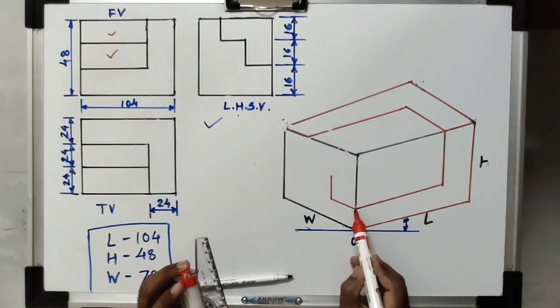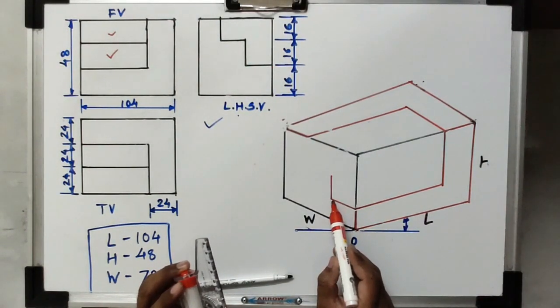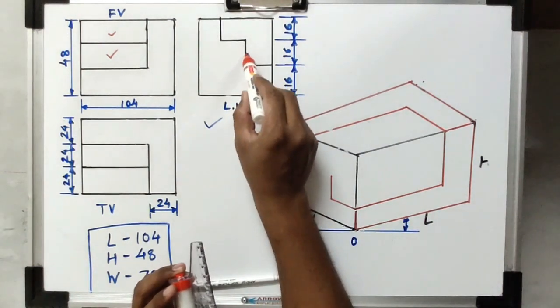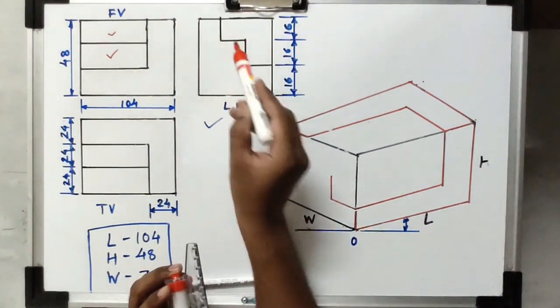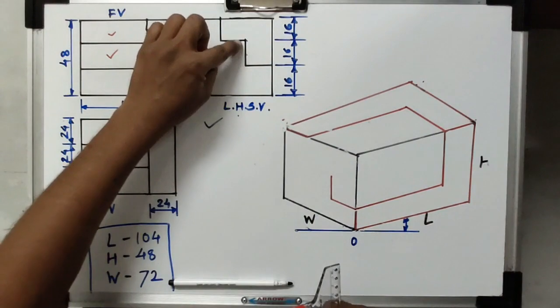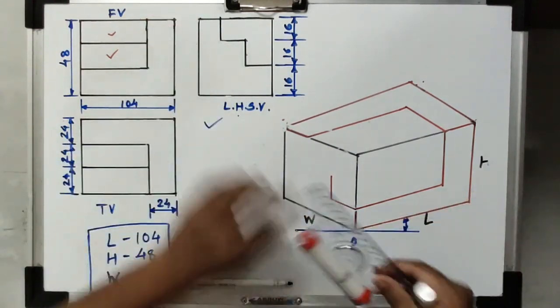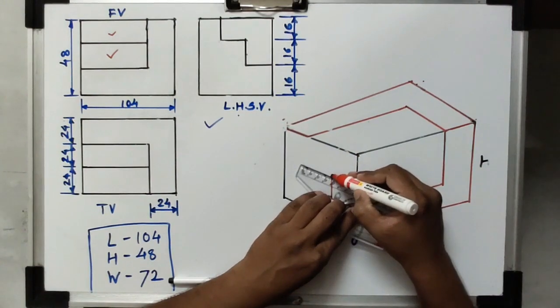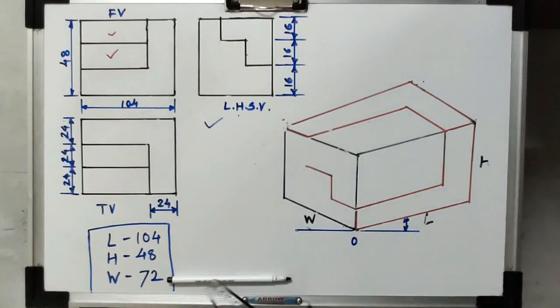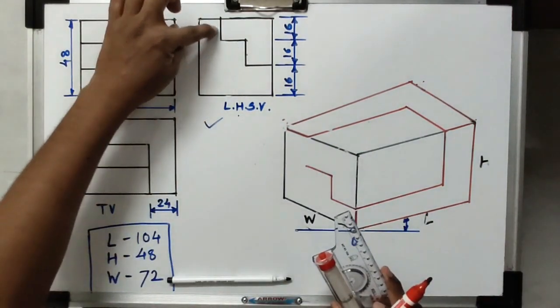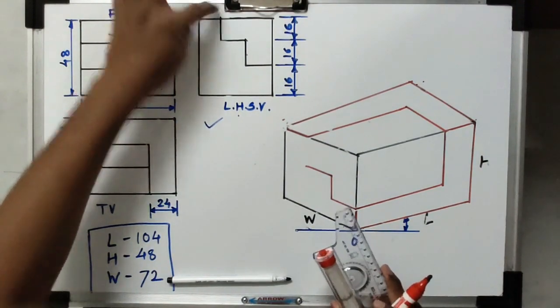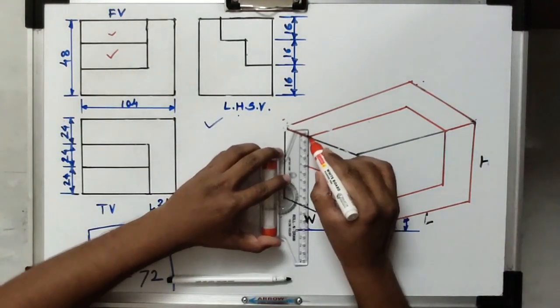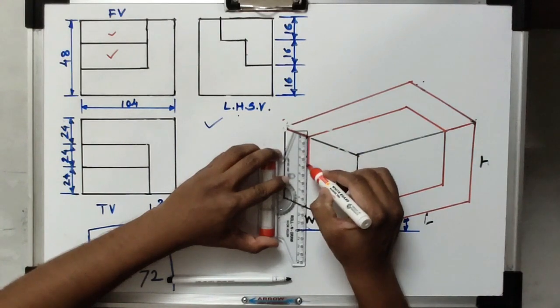I have represented the vertical line, then the horizontal line is inclined, then again this vertical line I have represented here. Again from this corner point, a horizontal line is there which has the width of 24 mm. So I will represent it here. Then after this horizontal line, again the vertical line is there which joins at the top portion, and this is nothing but this vertical line.